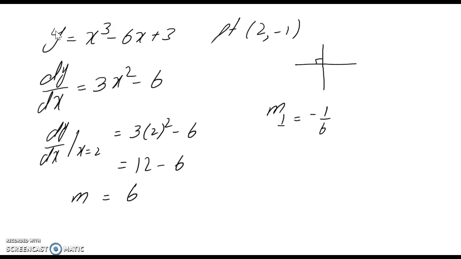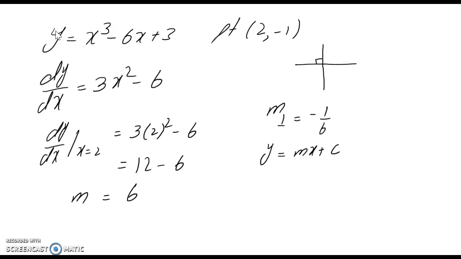Now to find an equation, remember we have different forms of an equation, like y is equal to mx plus c, or some people say b. This is the slope intercept form. To find the equation of a normal, we need one point and a gradient.